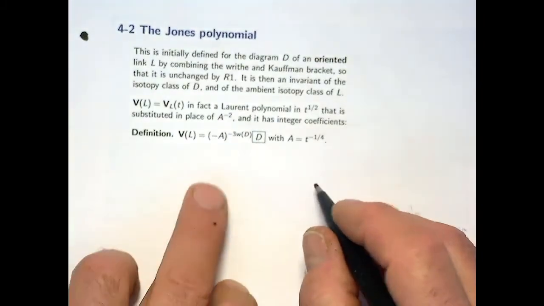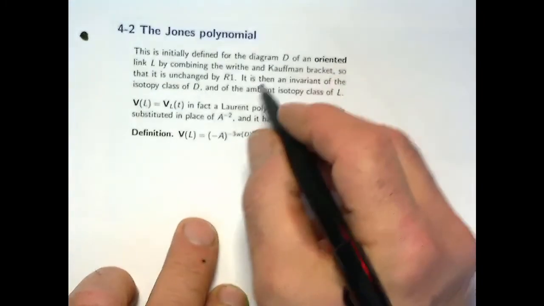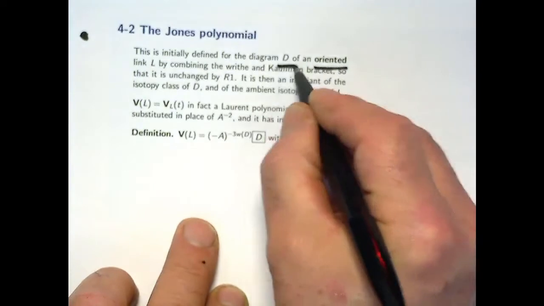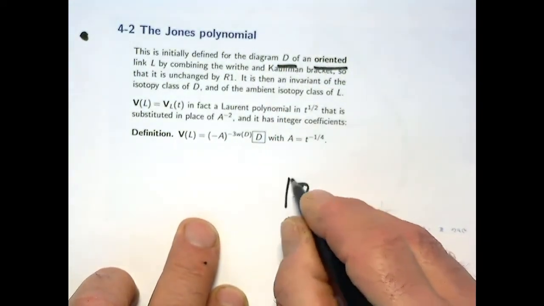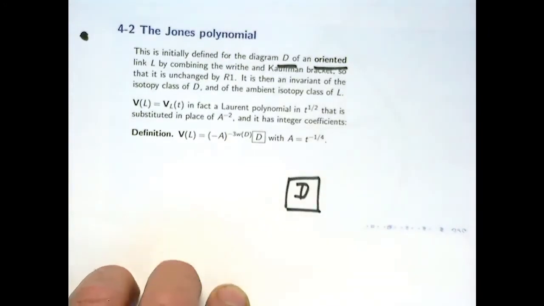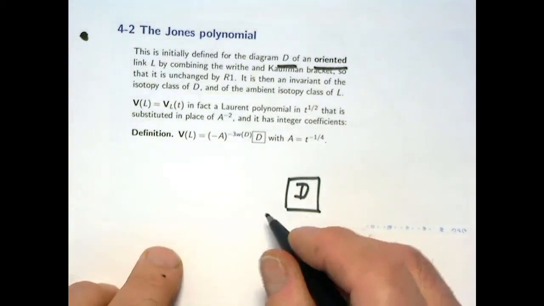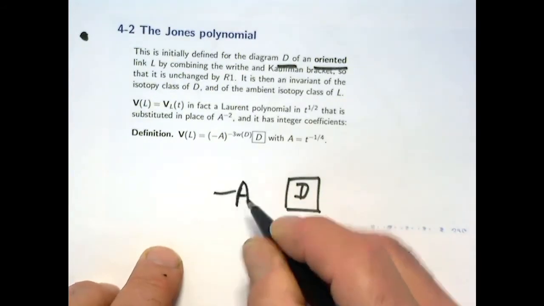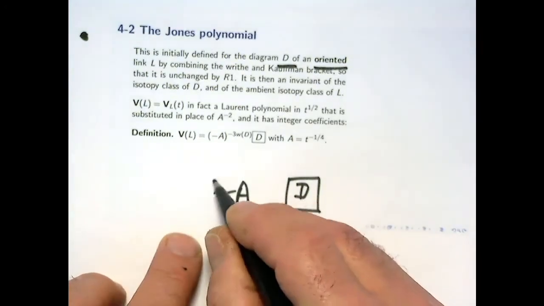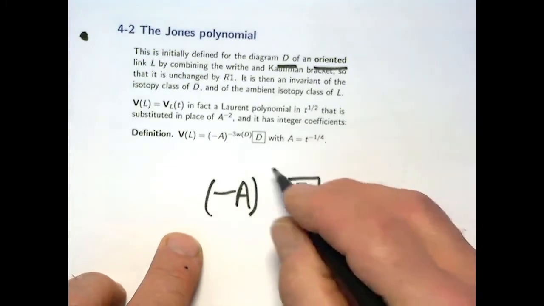We orient a diagram D. We know how to compute its Kauffman bracket in theory. So we compute the Kauffman bracket of D. That's a Laurent polynomial in A. We know that's not invariant by R1, but we can correct that by multiplying by minus A to the minus 3w, where w is the writhe of the diagram.